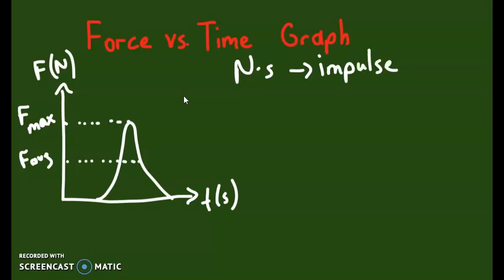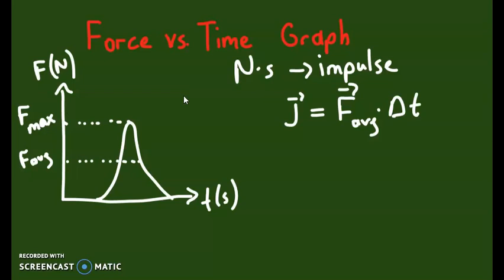So the area of the force versus time graph will give us impulse. And one more time, let's write: impulse equals average force times time.